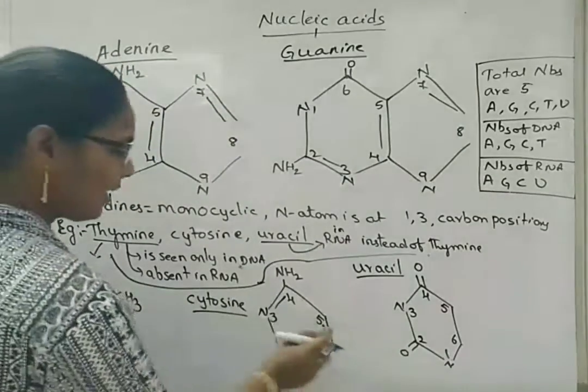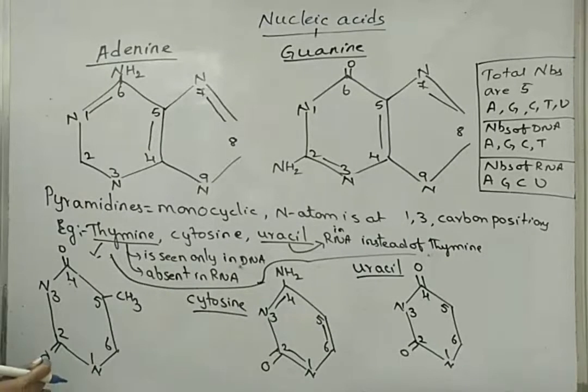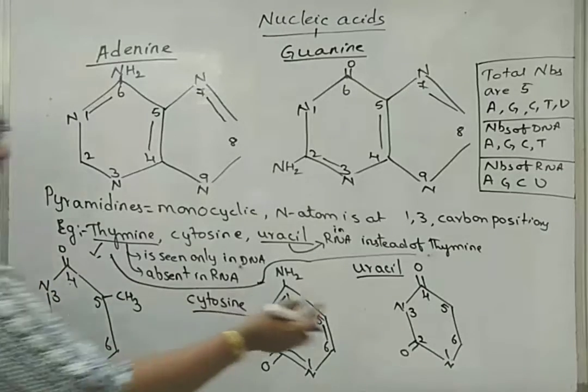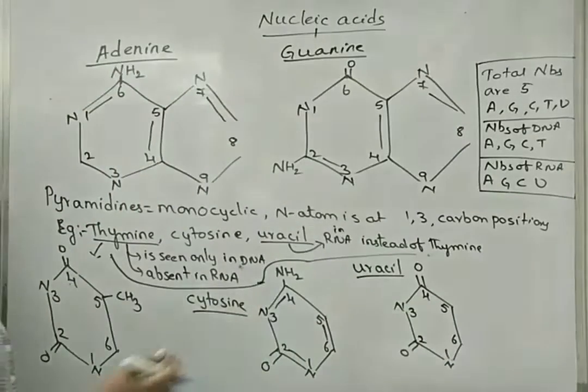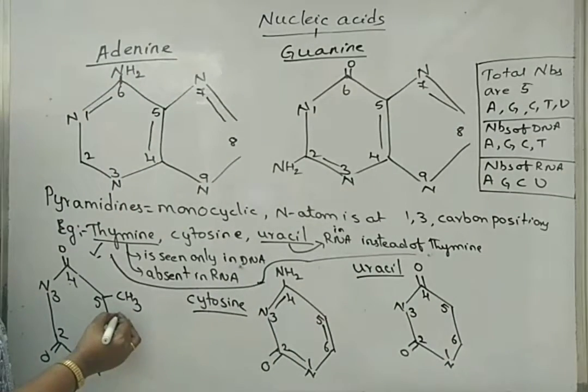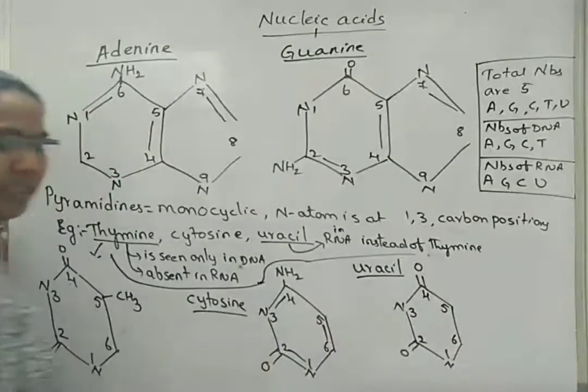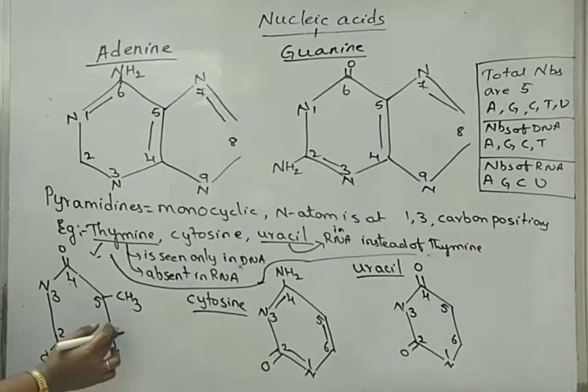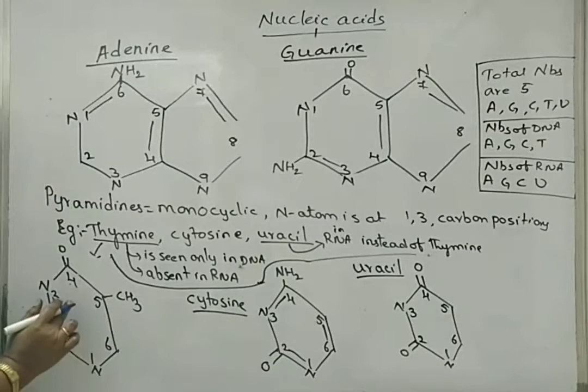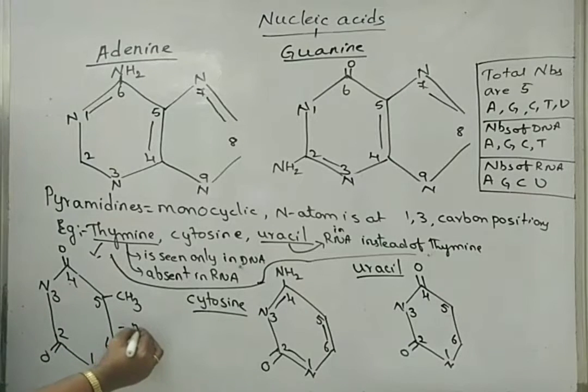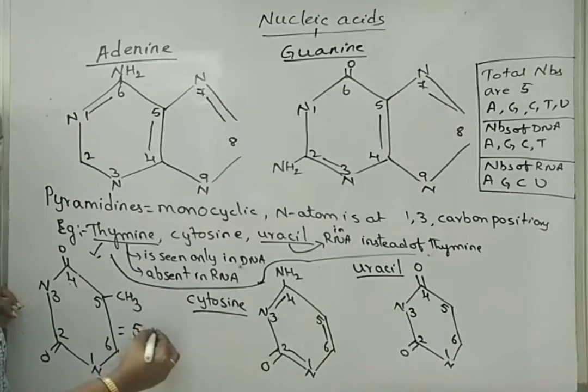If we match the thymine and uracil, there will be some similarities. Like ketone groups are present at fourth position and second position. Here also in case of uracil the same thing. But the only extra point in case of thymine is it is having one extra methyl group at fifth carbon position, but that is absent in case of uracil. So we can say thymine has another name, methylated uracil or 5-methylated uracil. 5 means 5 carbon position.